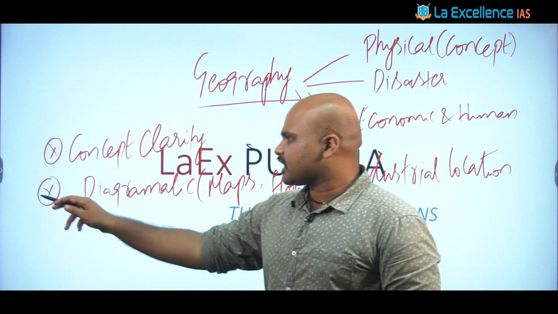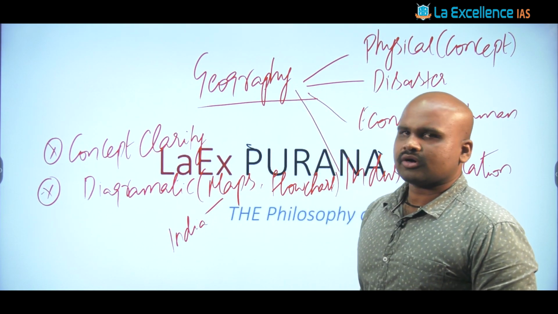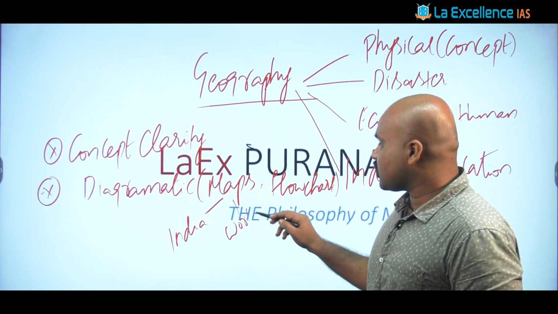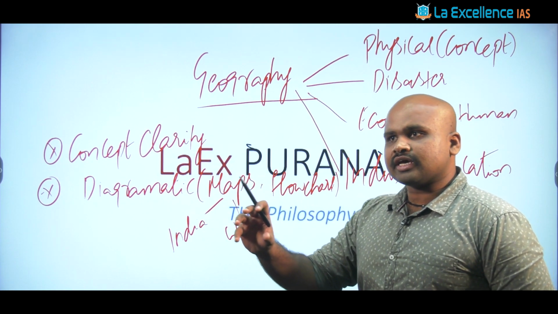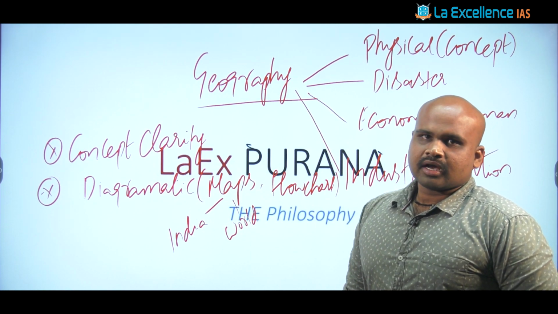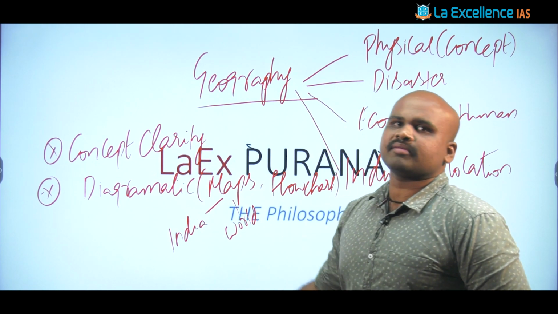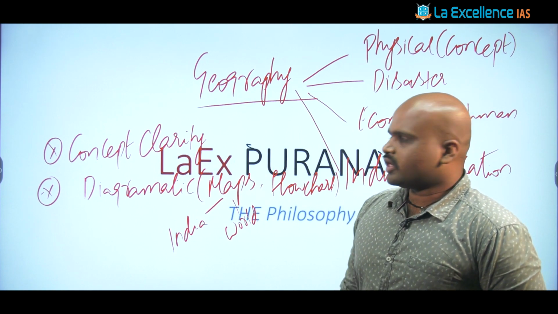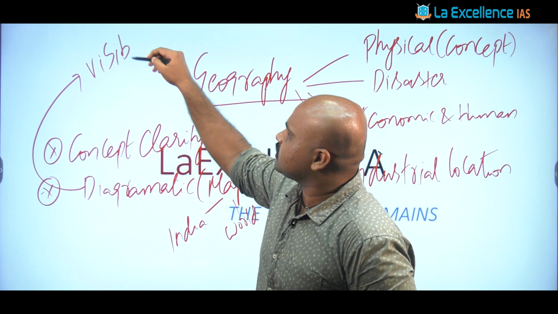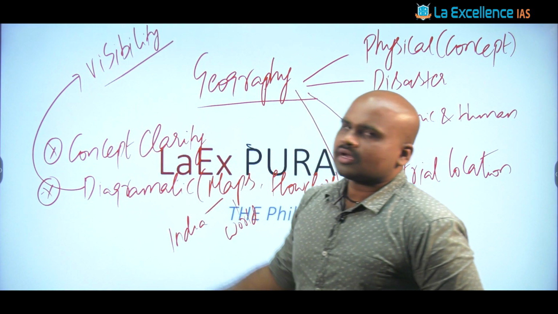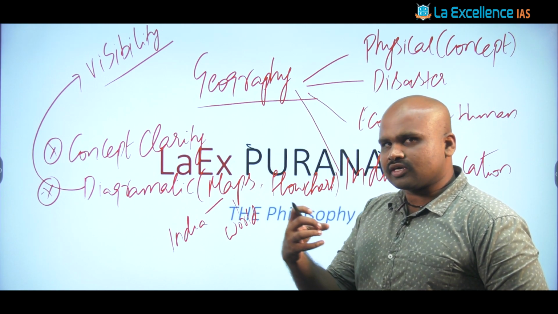You either draw a map of India or a map of the world, because geography gives you a lot of scope for representing the answer in diagrammatic format. This enhances the visibility of the answer, and it makes it easy for the examiner to decipher whether you have understood the concept or not.